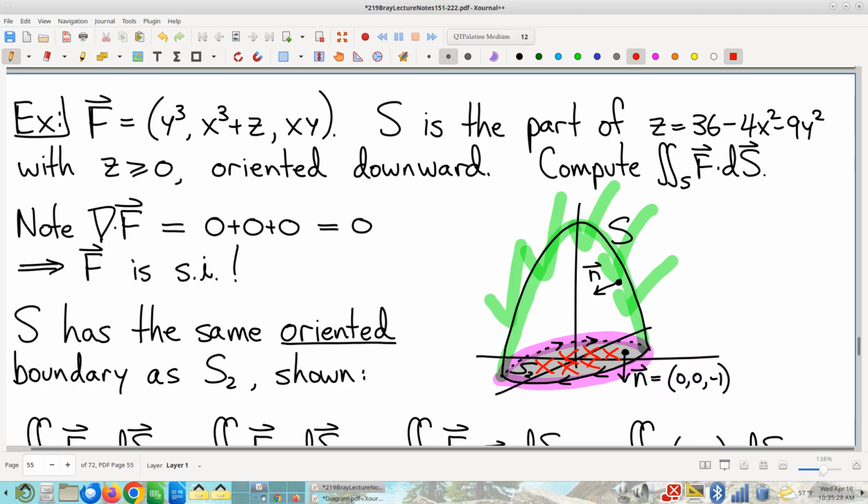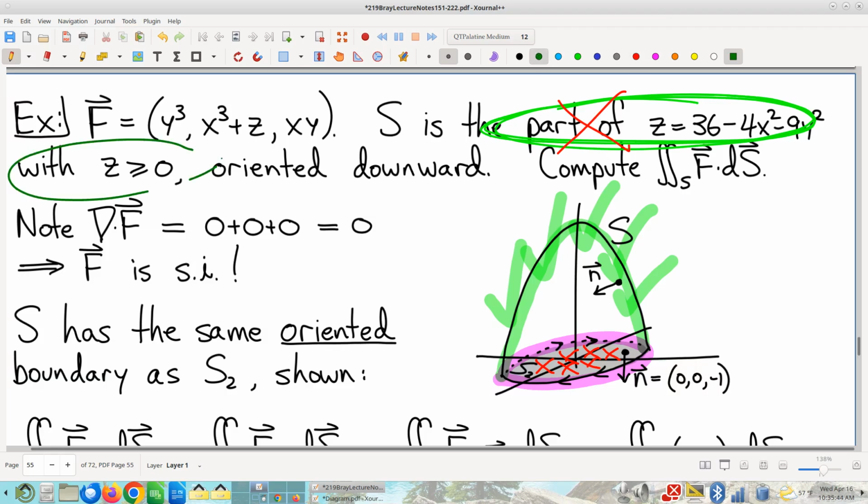To be clear, if you look at the phrasing of the question, it says part of the paraboloid. Those points I have X'd out in red are not part of the paraboloid. All this business over here about z being greater than or equal to 0, that's just a clarification of which part of the paraboloid we're talking about.